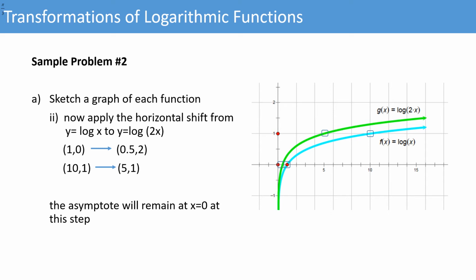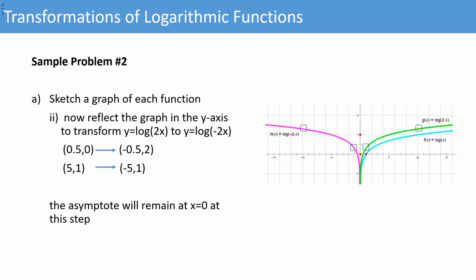For now, the asymptote is still at x equal to 0 in this step. Now we'll do the reflection, which is the negative. So we will reflect around the y-axis, and our anchor points will change from (0.5, 0) to (negative 0.5, 0). (5, 1) will be reflected to (negative 5, 1).